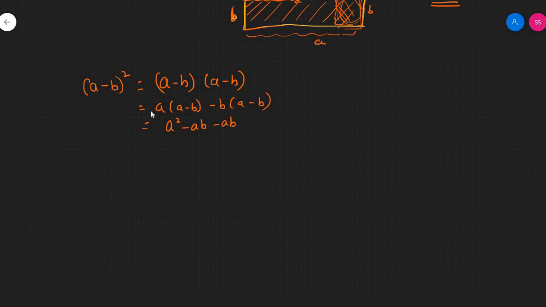You may also do this algebraically, which is a minus b the whole square is a minus b into a minus b, that is a into a minus b, minus b into a minus b. That's a squared minus ab minus ab plus b squared. That's equal to a squared minus 2ab plus b squared.